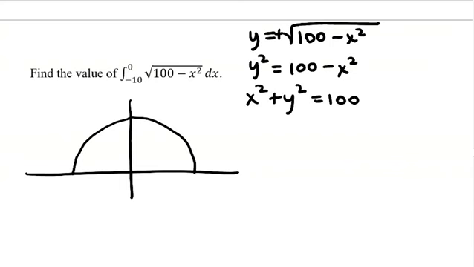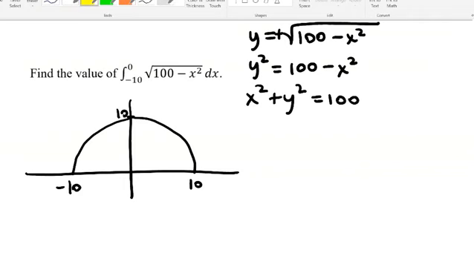Pretty easy. So mark that as 10, mark that as negative 10. You could even put 10 as the y-intercept there. And if they want the area from negative 10 to 0, well, then I know what I want. I want this. If I want this area, I've shaded it in gray, we know that's a quarter circle.